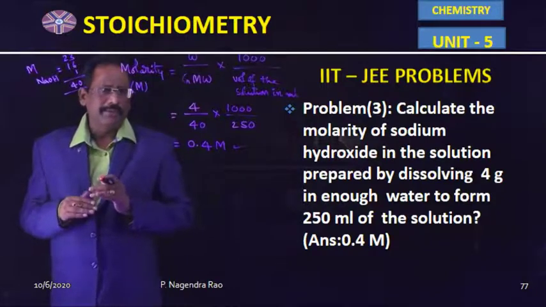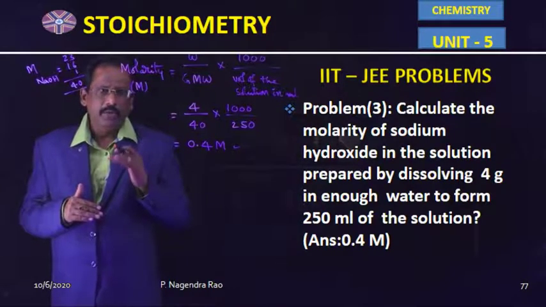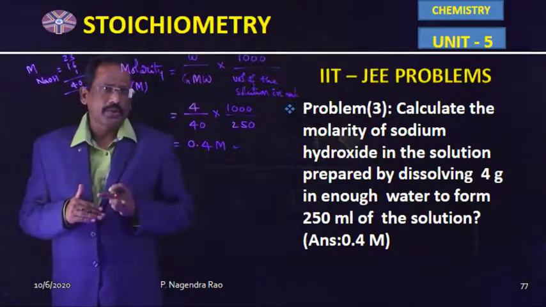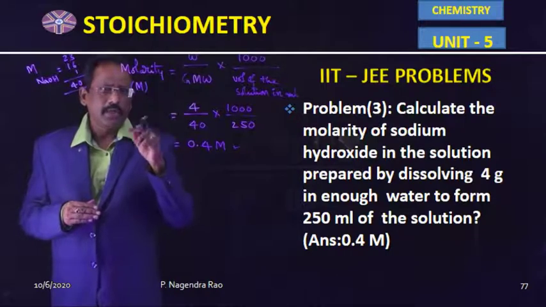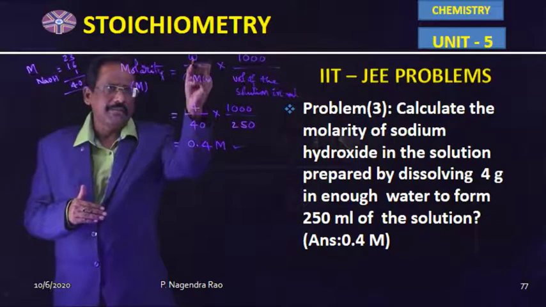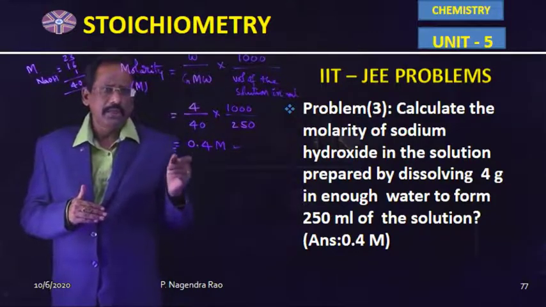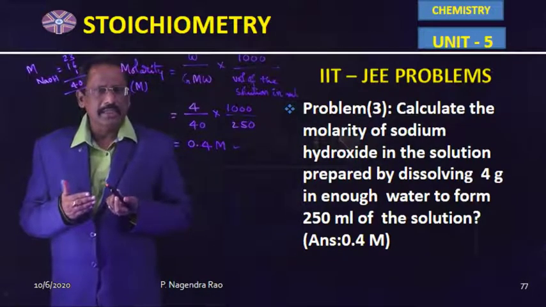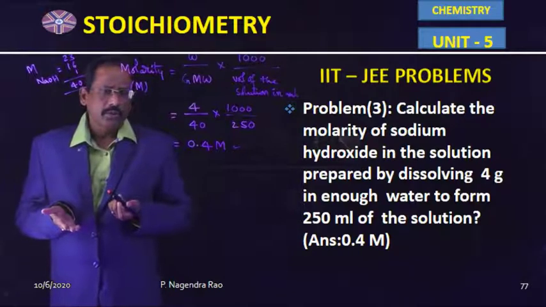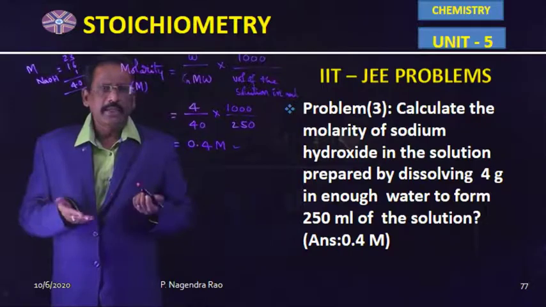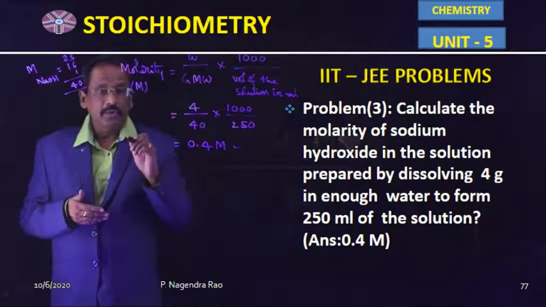A very important formula: according to the mole concept, weight by molecular weight gives the number of moles. That's why, based on the mole concept, molarity is defined as the number of gram moles of the solute present in 1000 ml of the solution, or 1 liter of the solution. 1 ml is equal to 1 cc, so 250 ml is nothing but 250 cc. Similarly, 1 liter is equal to 1 decimeter cube.